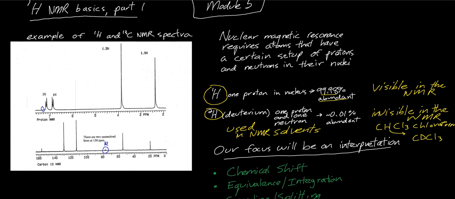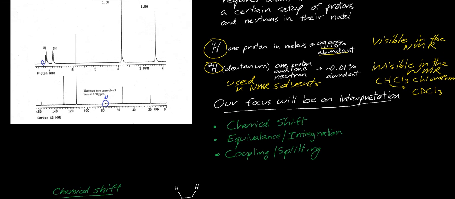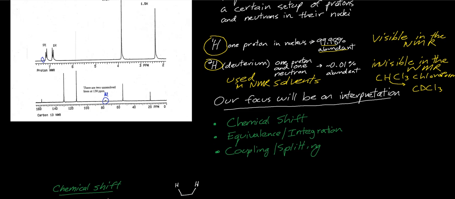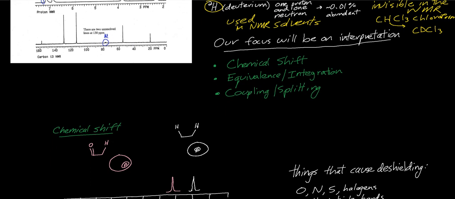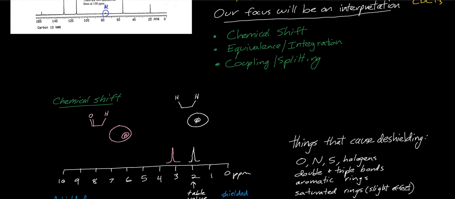So that's a little bit about the sample. Our focus really will be on interpretation of NMR data rather than on how the NMR instrument works. The key aspects of interpretation are shown here: chemical shift, equivalence and integration, and finally coupling and splitting.